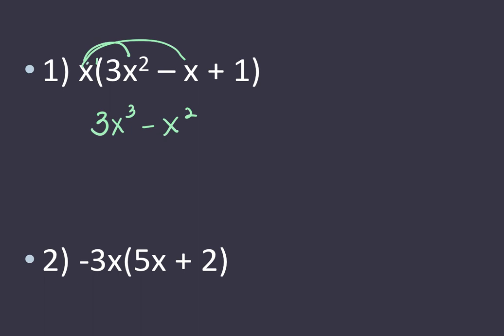And then I do x times 1, which is positive x. I cannot combine these because they have different exponents, so that is how I leave my answer. Questions so far?